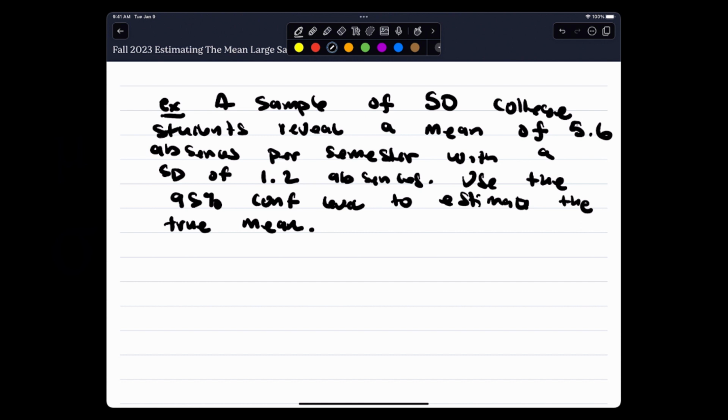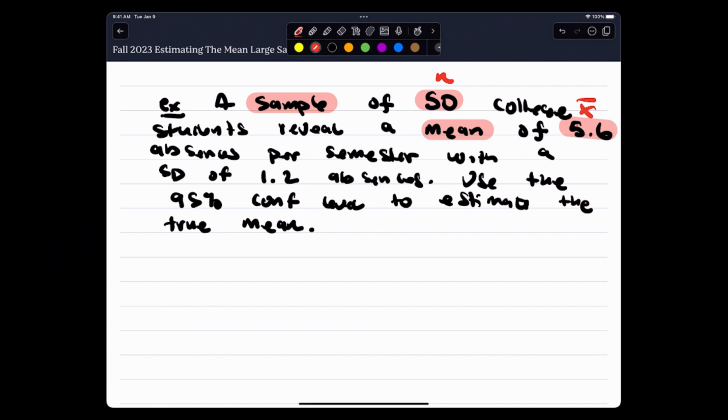All right, here you go. When we read this, it says a sample of 50. Sample size, is that right? Yep. Reveal a mean of 5.6 absences.